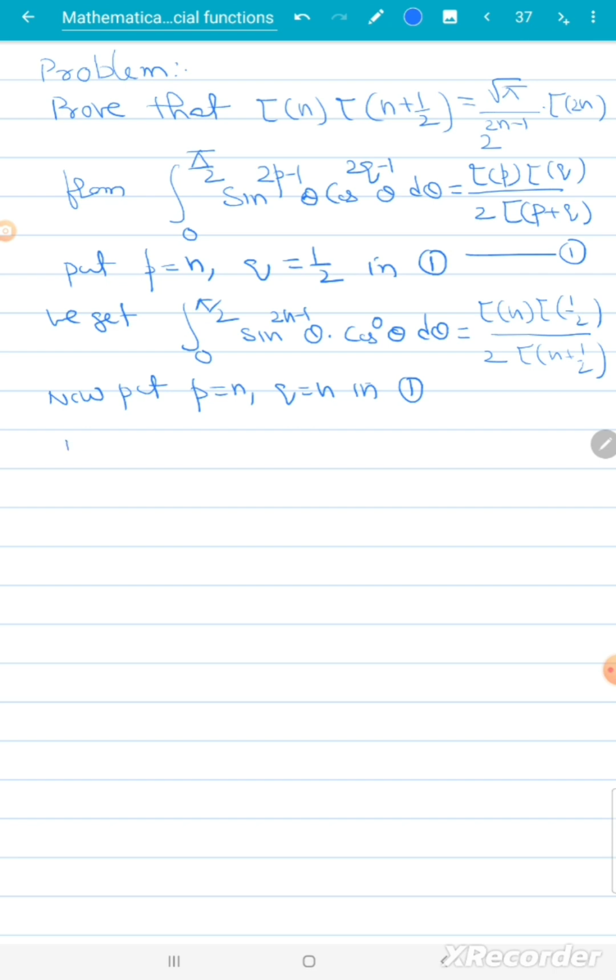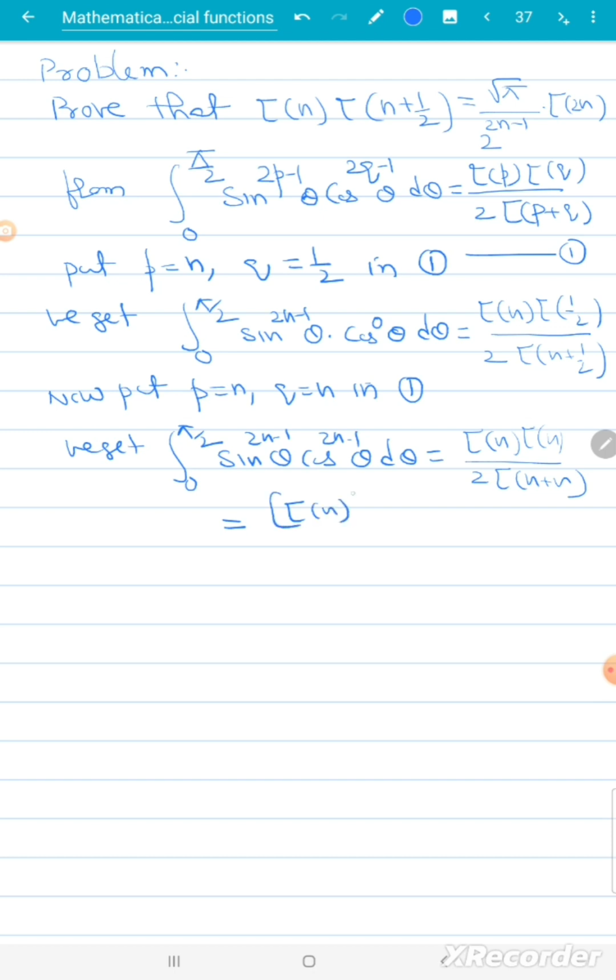Then we get the integration from 0 to pi by 2 of sine to the power of 2n minus 1 theta cos to the power of 2n minus 1 theta d theta equals gamma n into gamma n, which is gamma n whole square, by 2 into gamma of n plus n, which is 2n.